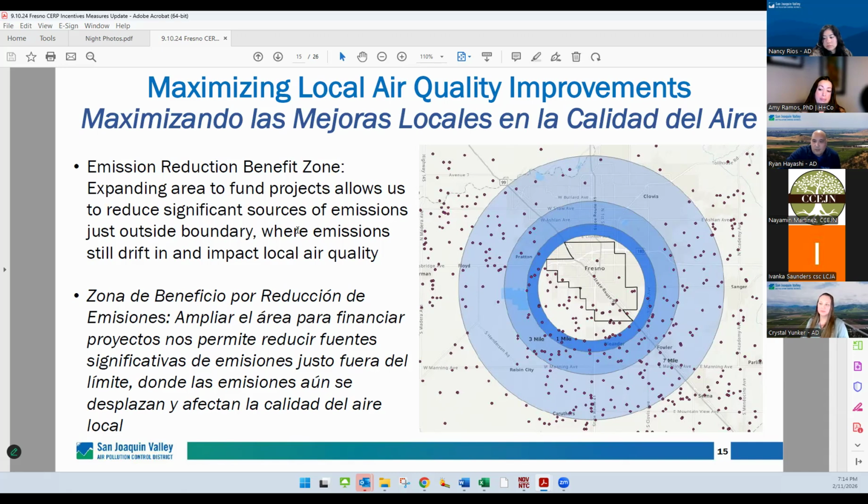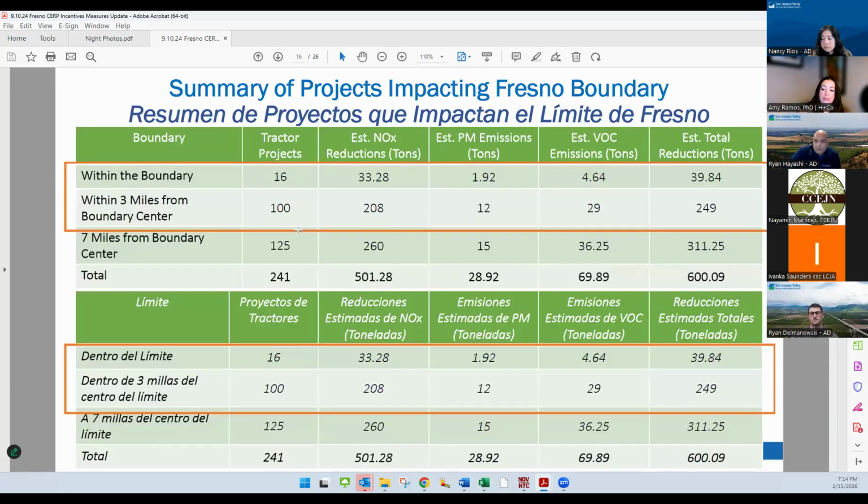We were looking for things that we would be able to do quickly to get emission reductions within the community. So in terms of emission reductions and benefits, this is what we would see if we were to propose funding some of these, based on the numbers of applications that we have within these different areas.